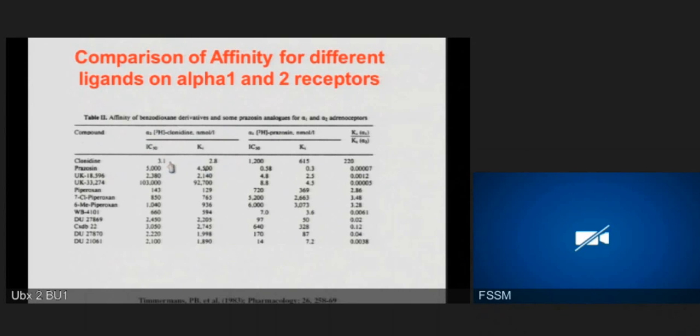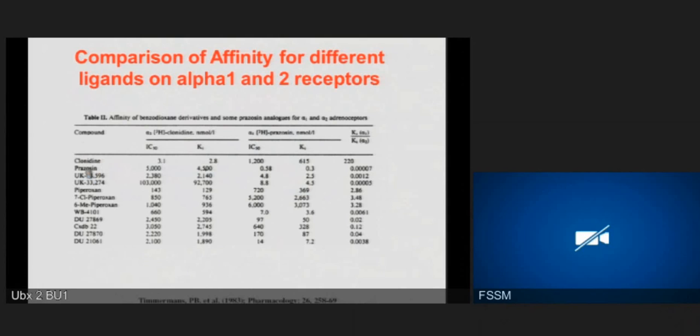And it corresponds almost to the same concentration for the Ki. So it means that the authors probably used a concentration of radiolabeled clonidine close to the Kd of clonidine towards alpha-2 receptors. And you can see that clonidine here has bad affinity, quite bad affinity, less than 1 micromolar toward alpha-1 receptors.